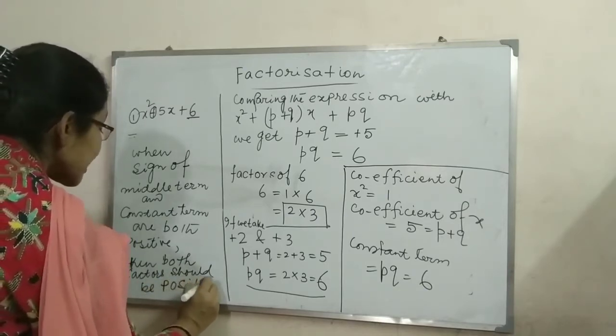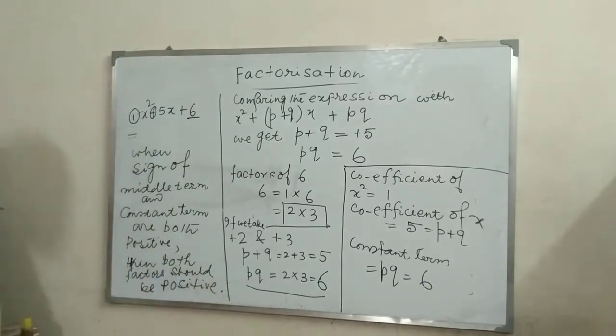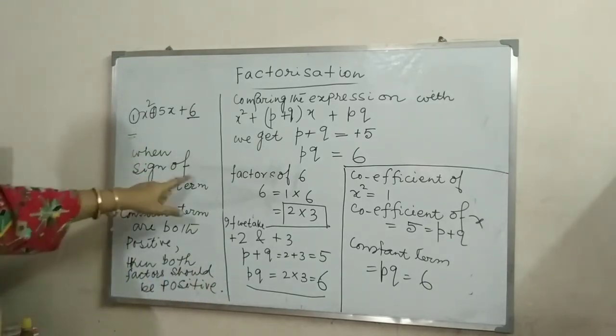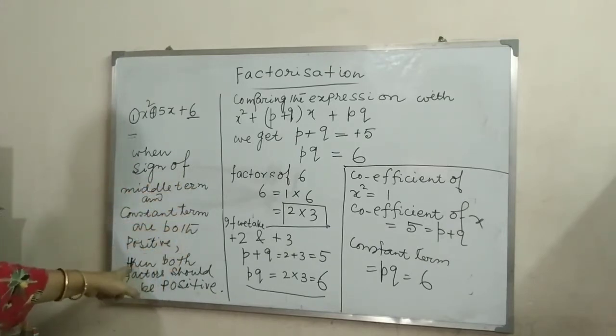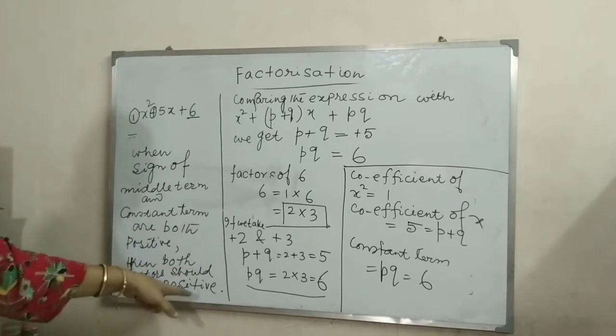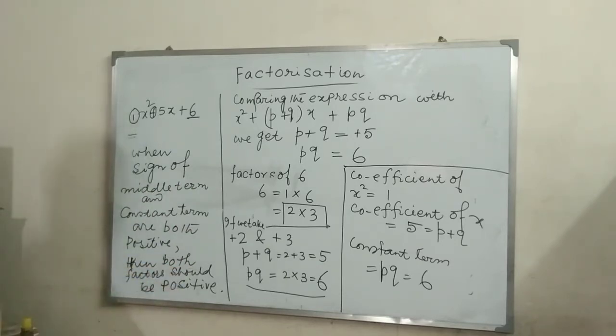This is the most important thing. When the sign of the middle term and the constant term are both positive, then both factors should be positive.